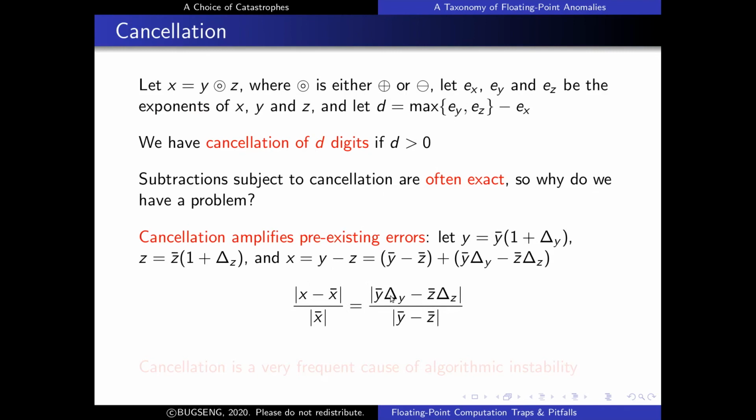So it will amplify greatly the errors you have on the operands. And cancellation is a very frequent cause of algorithmic instability. Very often, when you are looking for the cause of your program not behaving the way you expect, cancellation is the first thing to look at.